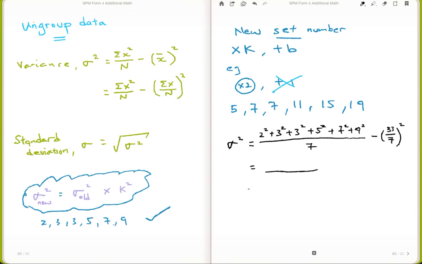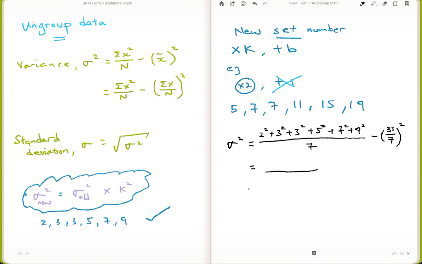What's this answer? Let me calculate over here to confirm with you. I use it in one line, 7 squared.